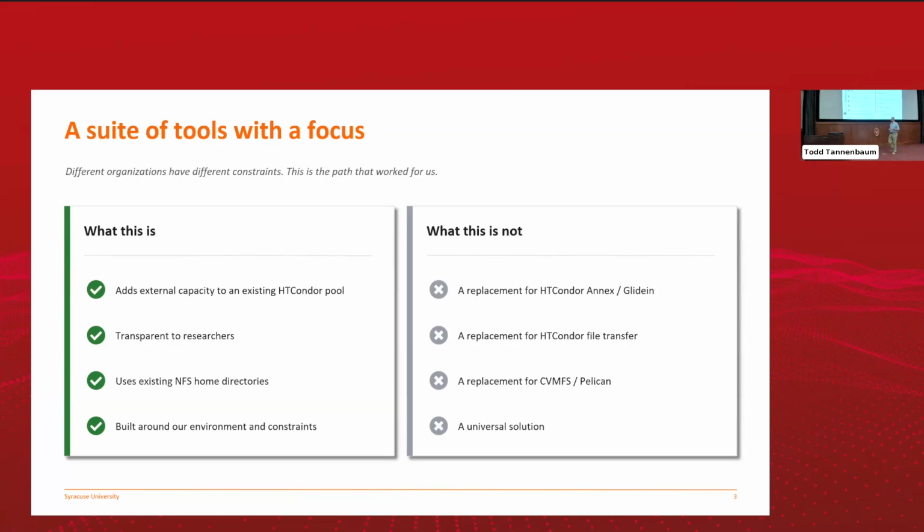If I am going to add these resources to my cluster, I don't want to have to retrain or tell my researchers, hey, between Tuesday and Thursday, I'm going to be adding 1,000 cores. Please add such and such line to your submit file or use this different submitter. I don't want to retrain. I just want them to consume when they have the ability to do so.